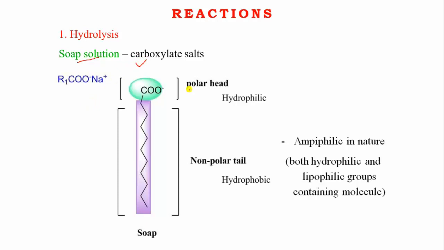That carboxylate salt has two parts, a polar head and a non-polar tail. The polar head is hydrophilic in nature and the non-polar part is hydrophobic in nature. Hydrophilic means water lover and hydrophobic means water repellent. It has both properties, that's why it's called amphiphilic in nature.